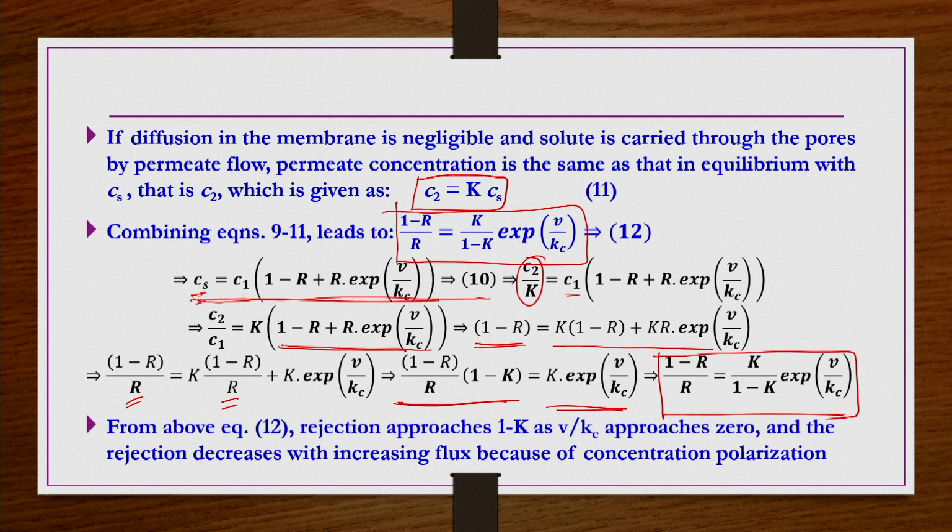Now, from this equation, when V by Kc approaches 0, exponential of 0 is 1. So, that means rejection approaches 1 minus K, and rejection decreases with increasing flux because of the concentration polarization.